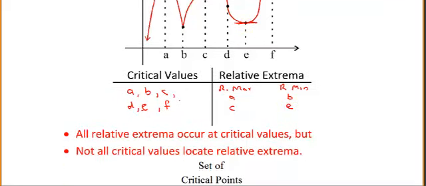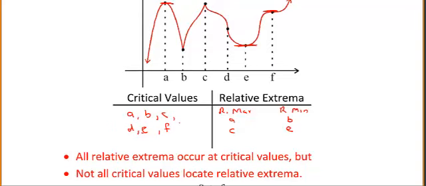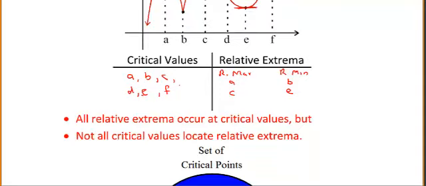Notice something, that all relative extrema occur at critical points. All of these relative extreme values occurred at critical points, but not all critical values locate relative extrema. For example, here we had D and F. D and F are critical values, but they don't locate a relative maximum or relative minimum, either one.